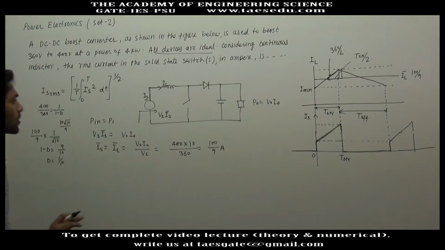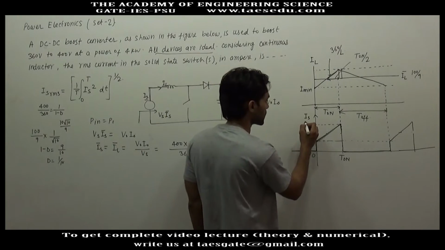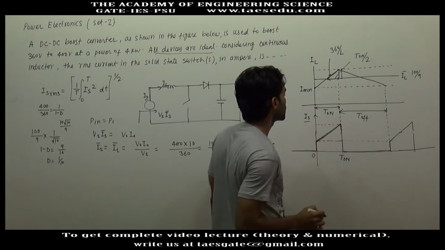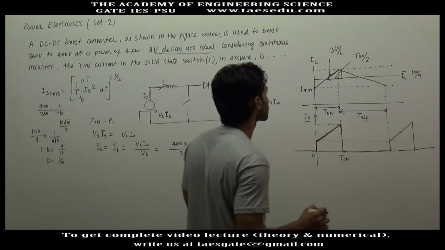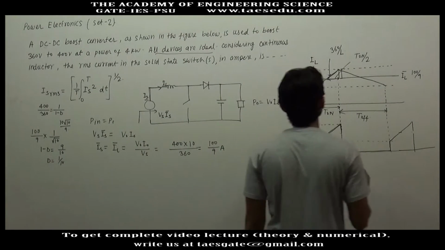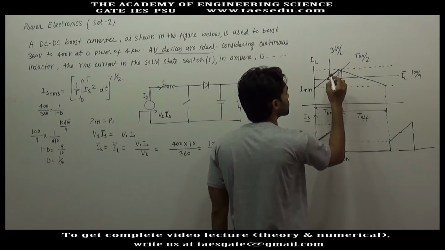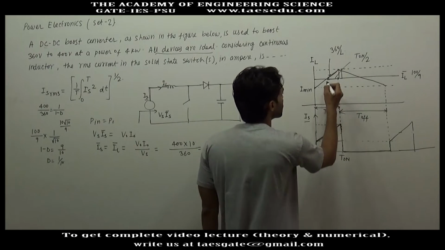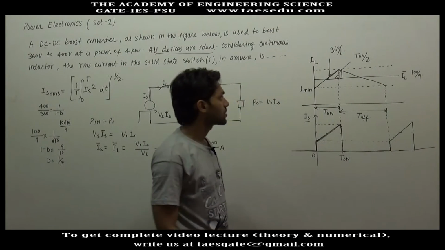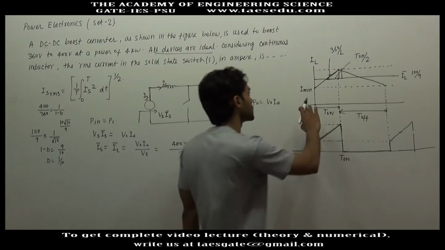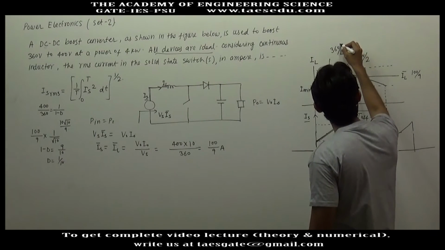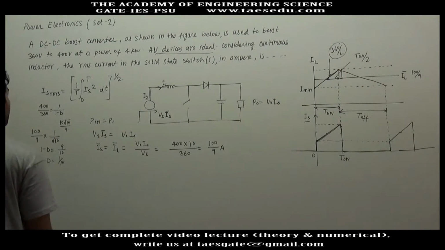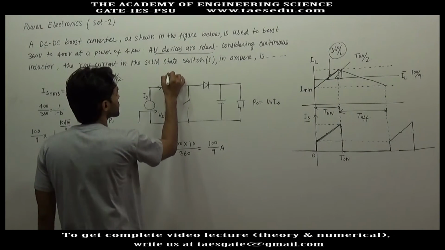To find the RMS value of switch current, we need the equation of this line. Along with the slope, we have the average value, but this is not sufficient to find the equation of this line. We have slope 360 divided by L, and the inductance is given as 10 millihenry.